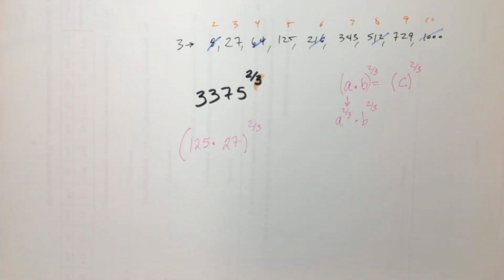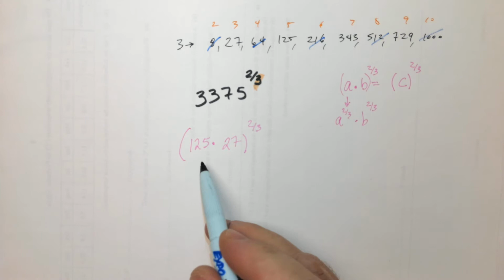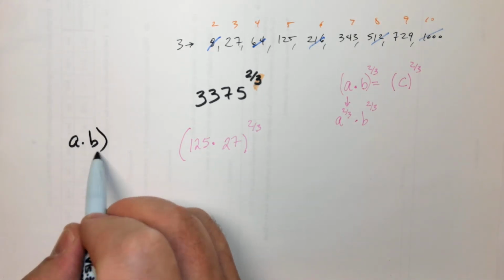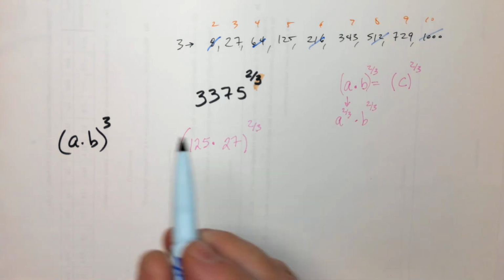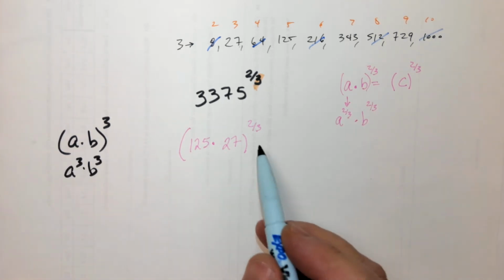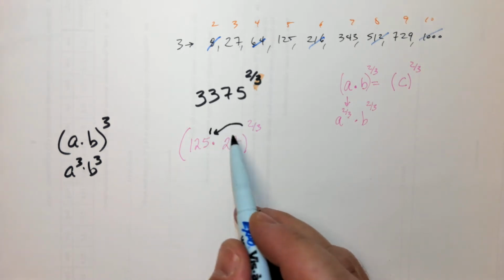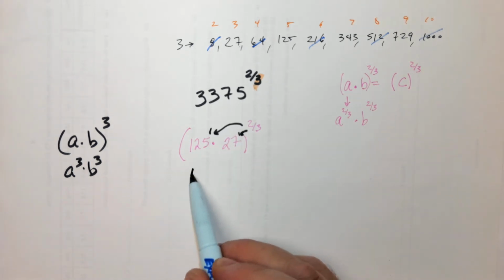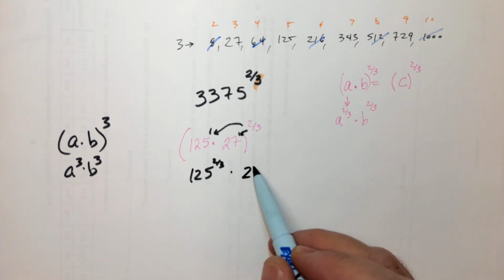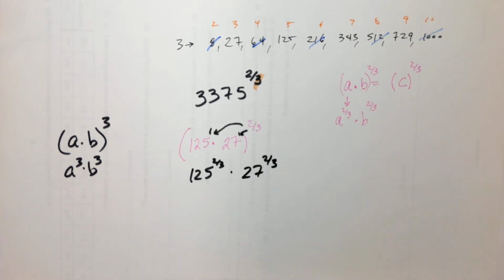Yes, it is. So check this out. This is a good exercise because it kind of reviews a bunch of basic properties of exponents too. If you had a product in parentheses to a power, that would be a cubed times b cubed. There's an invisible 1 here. This is 125 to the 2/3 power times 27 to the 2/3 power.